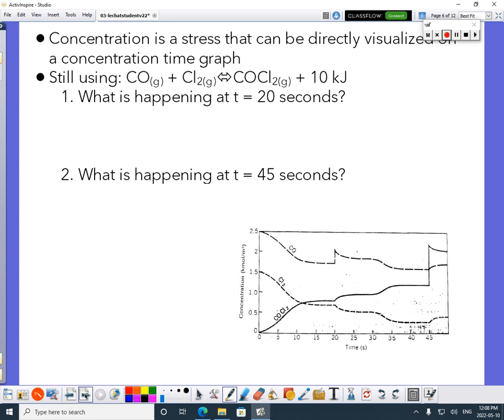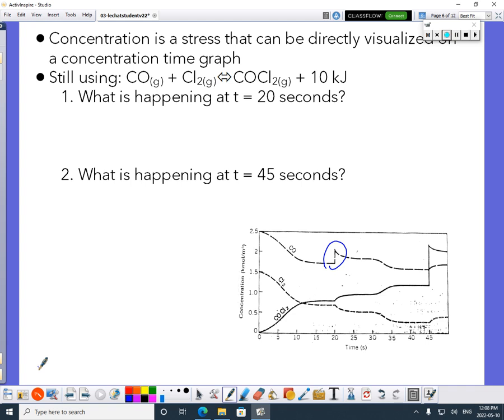Reactant concentrations go down, product concentration goes up, equilibrium is established, and then obviously at t equals 20 seconds, something is happening. So if you have a spike, you could have a spike up or spike down. So you're just looking here. What's happening to this? At 20 seconds, there's a spike in the CO concentration, and it's an up spike or increase, right?